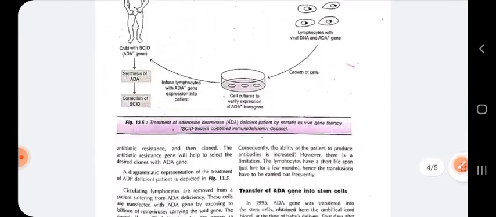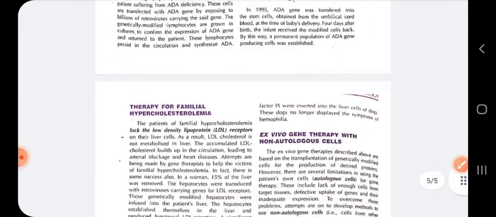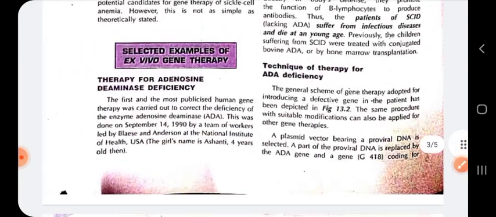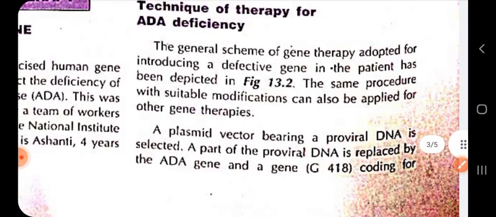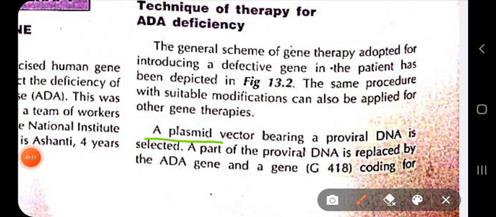So what it is saying here, let us see. A plasmid vector bearing a proviral DNA is selected. So first, we use a plasmid vector that has a proviral DNA.